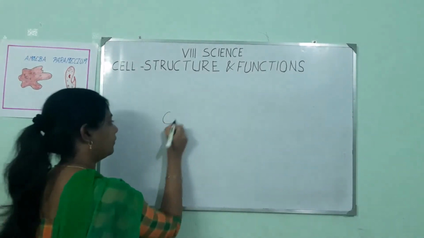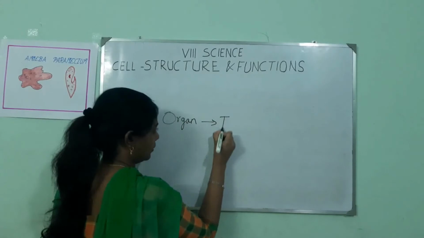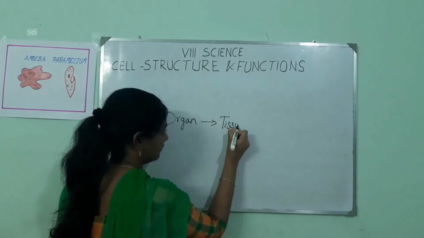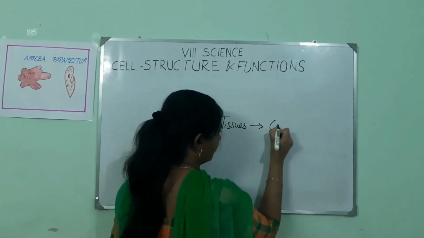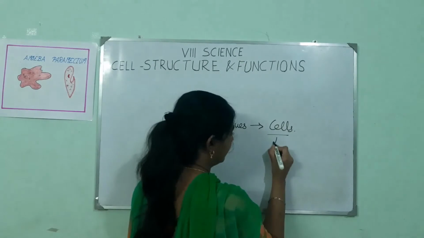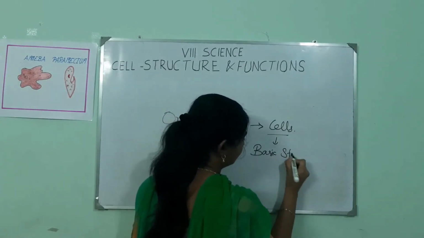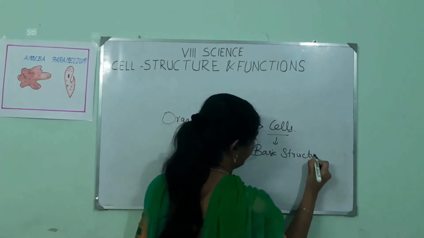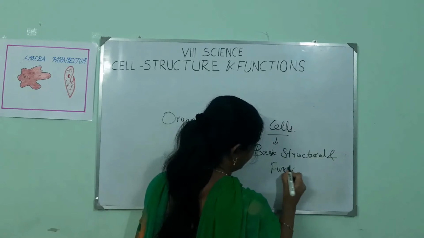Organ is made up of a group of tissues. In turn, these tissues are made up of a group of cells. So, absolutely, cells are the basic structural and functional unit of life.